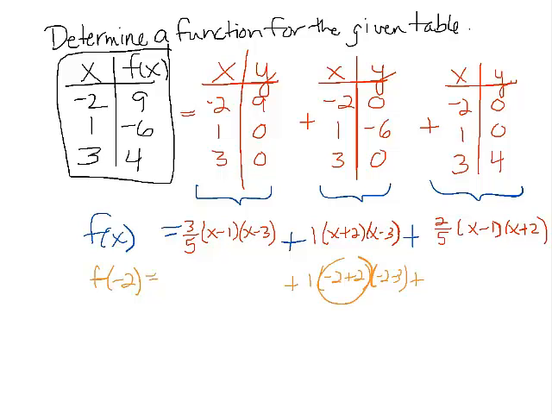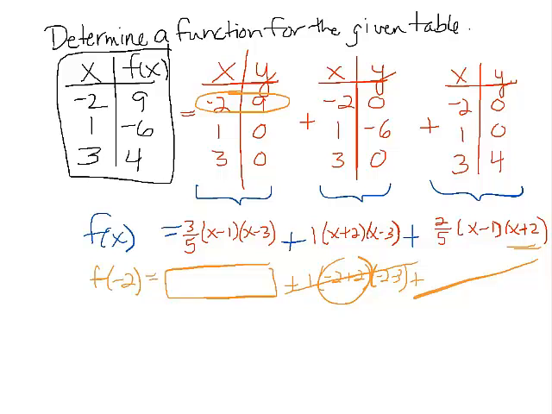Right here, that -2 plus 2 is 0, so this entire value will be 0. It's going to happen here as well. That will cancel, and you'll just be left with this. And notice what table that came from. The table that had the -2, 9. If I substituted 1 in, I would get -6, because the first and third functions would cancel.